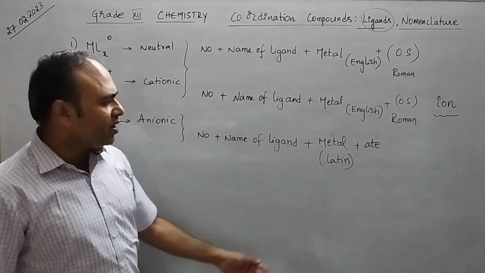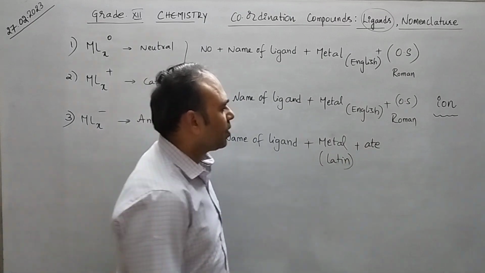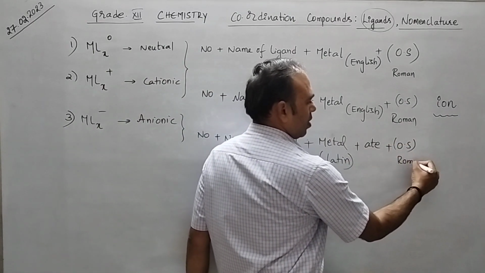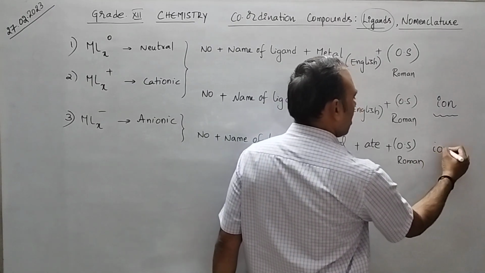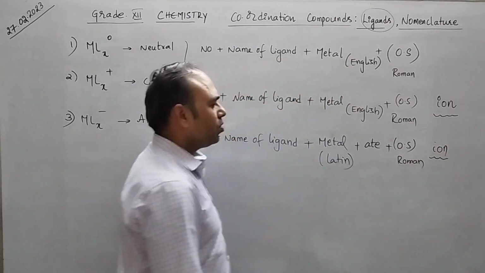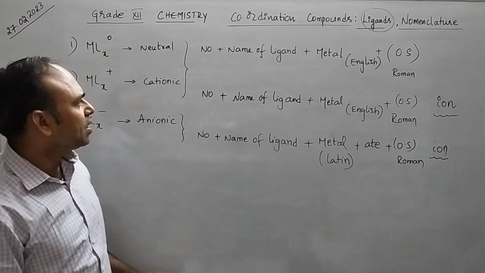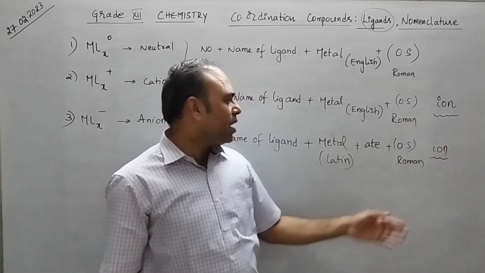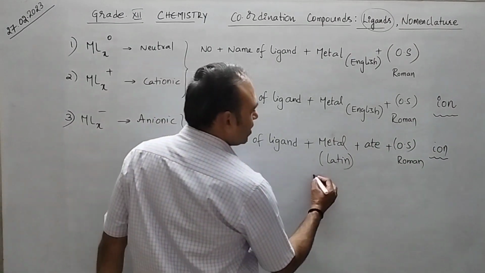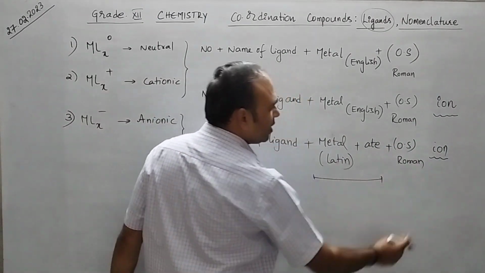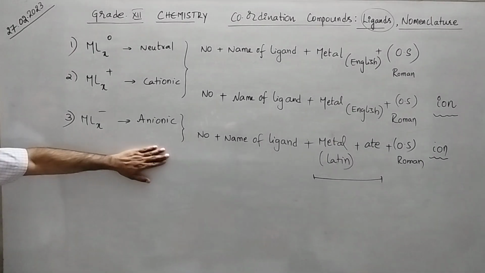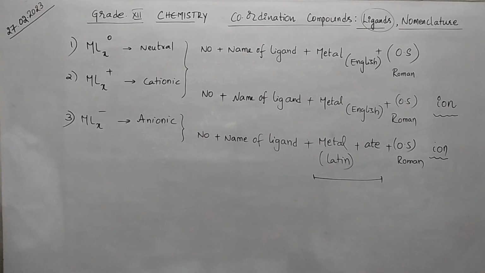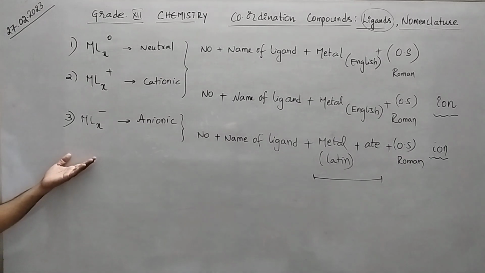So terminal thing we have to write ate, ferrate plus oxidation state in Roman number, and at the end we have to mention ion. Hope you have understood the difference. These two remain the same. At the terminal position, ion should be written. And for anion, we have to mention Latin plus ate, and at the end we have ion. If you remember this formula, writing the names for the coordination complexes will be easy. So make a note of this and let's move with the examples.